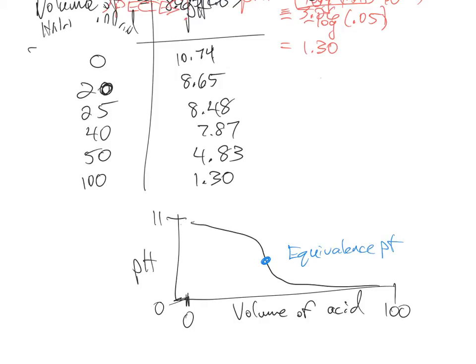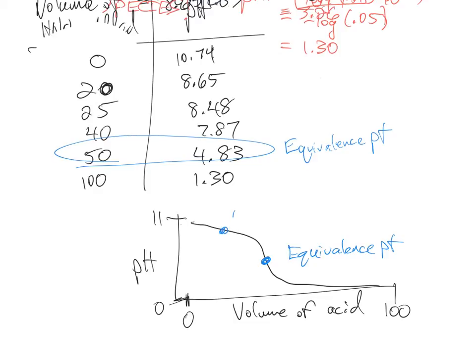We saw that where the pH was 4.83 and the number of milliliters of acid added was 50.